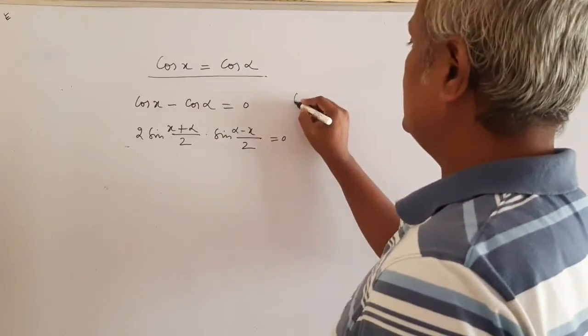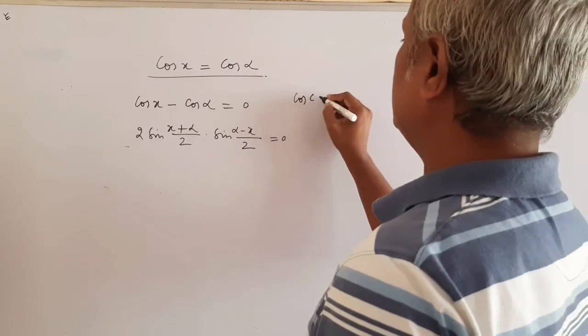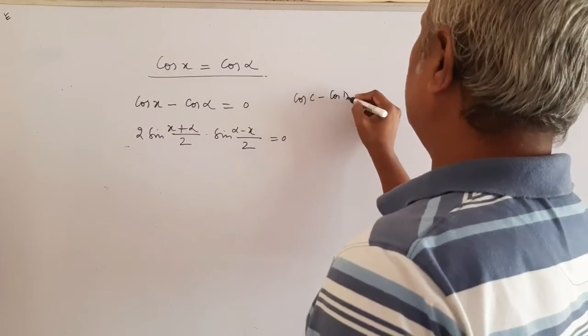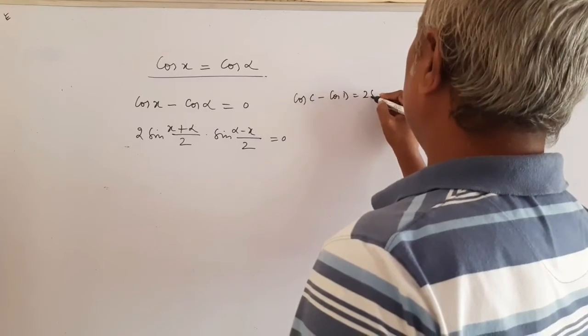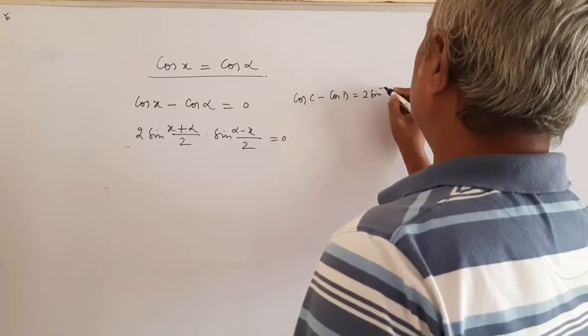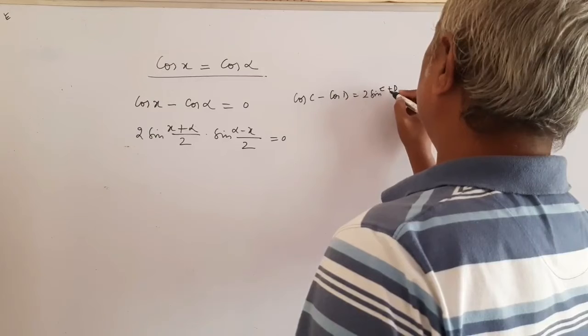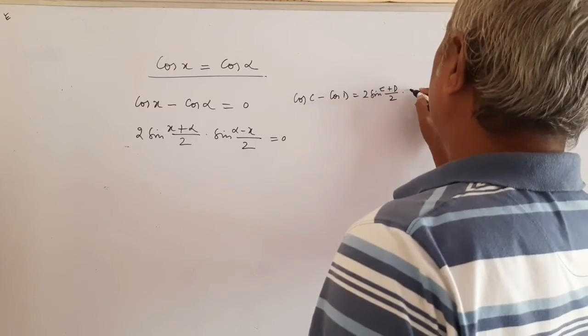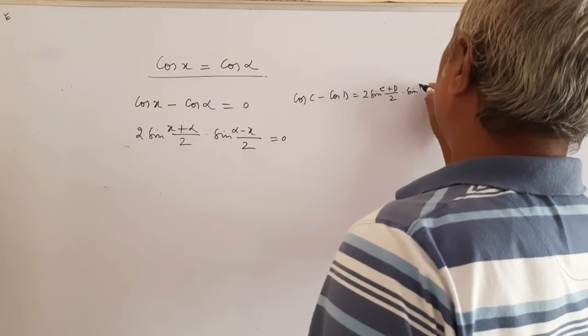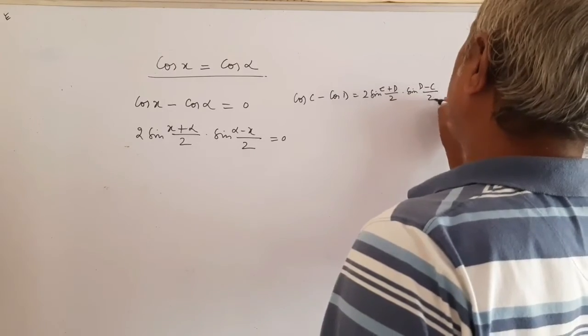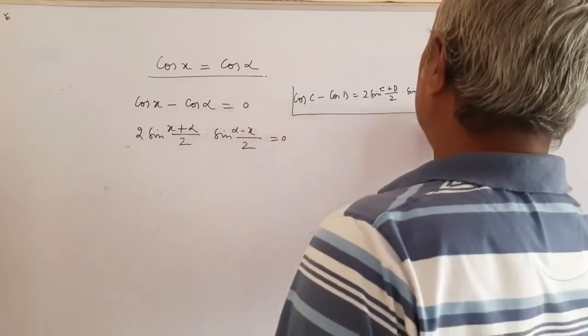So for your convenience I write: cos C minus cos D is 2 sine (C plus D by 2) into sine (D minus C by 2). This is the formula.